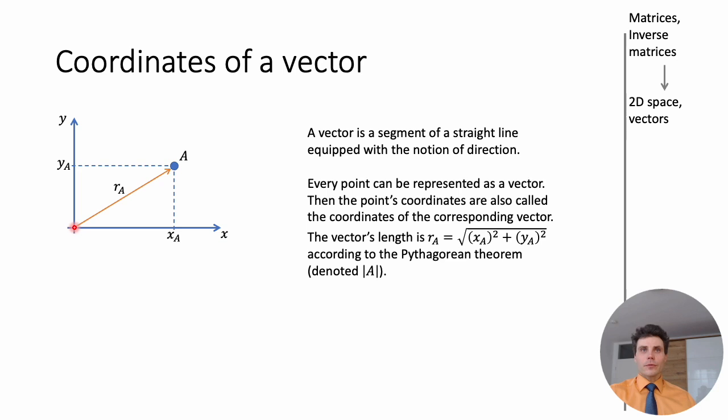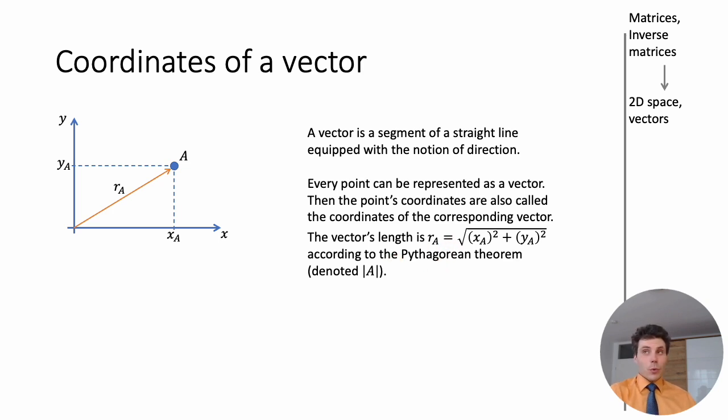The length of this vector, just according to the Pythagorean theorem, is nothing else than the square root of the sum of squares of the coordinates of the point, as shown here. The length of this vector is usually also denoted with those straight brackets as the absolute value, and as the determinant in terms of matrices. So for vectors, this writing here essentially just means the length.